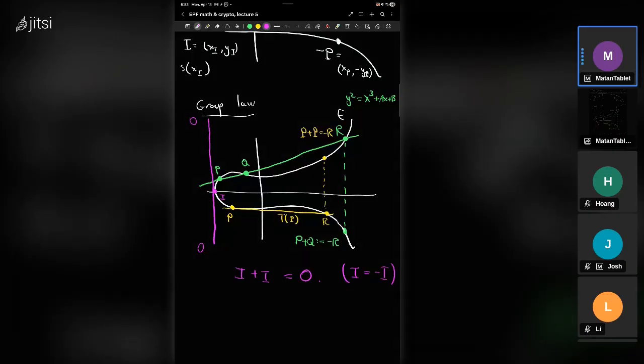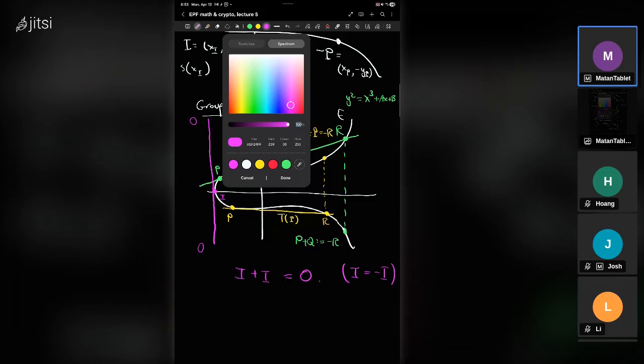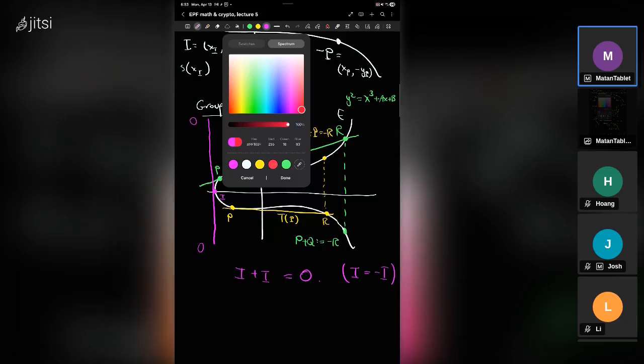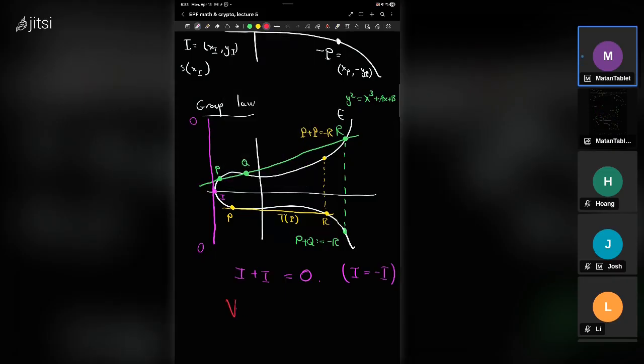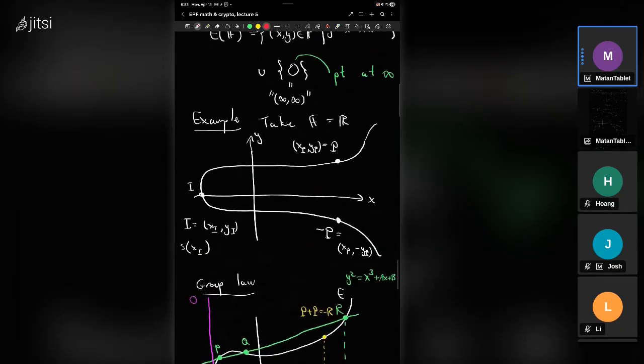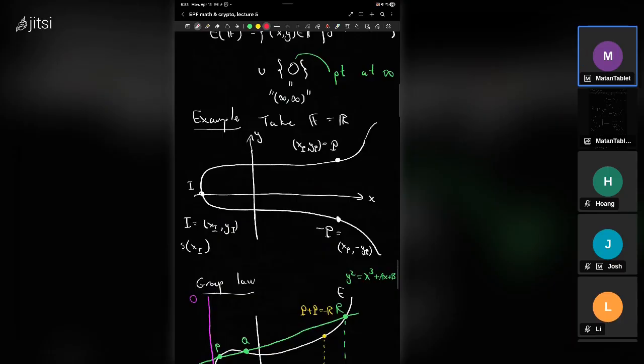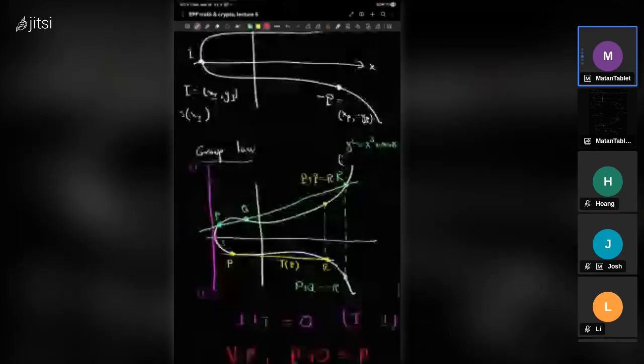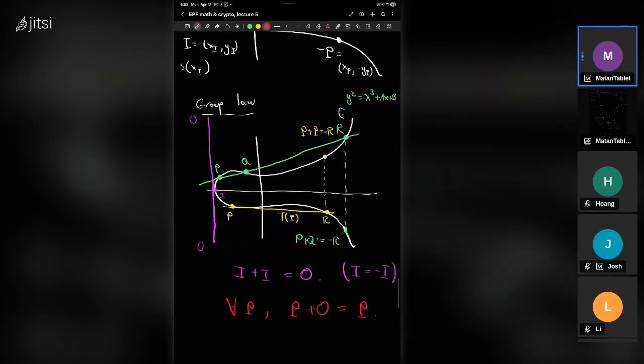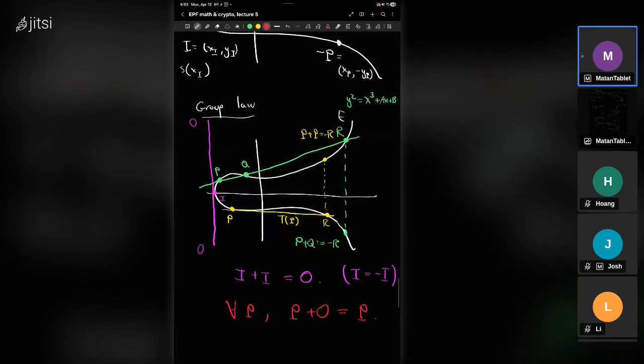And for any P, I define P plus O to be P. So I needed O as a neutral element. I don't have a neutral element if I just do this geometric construction without a point at infinity.